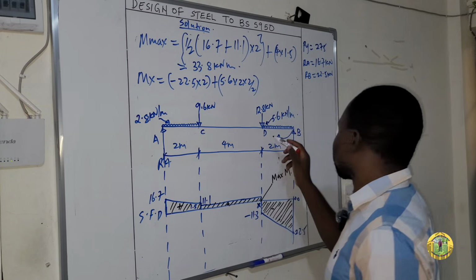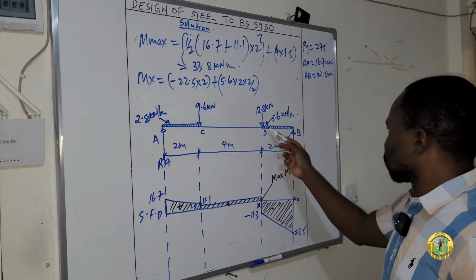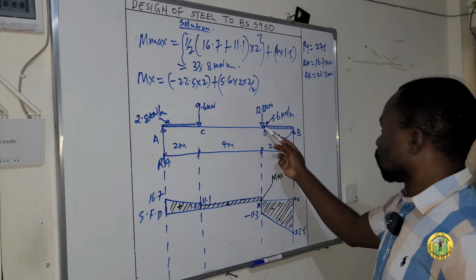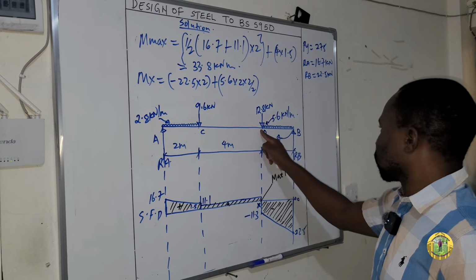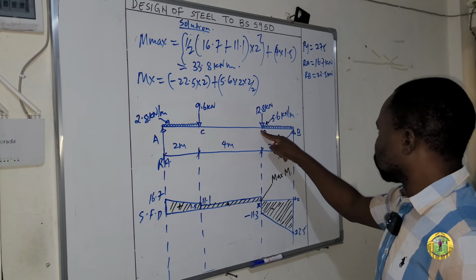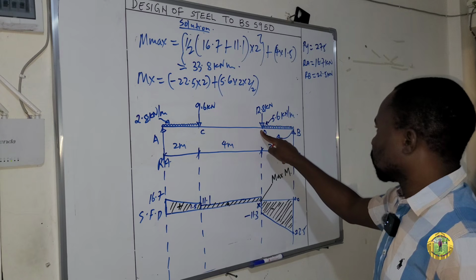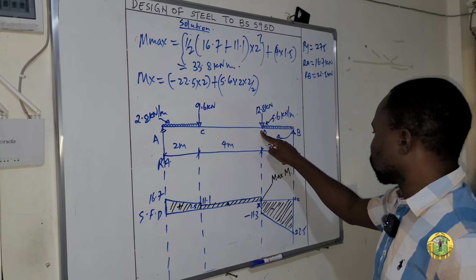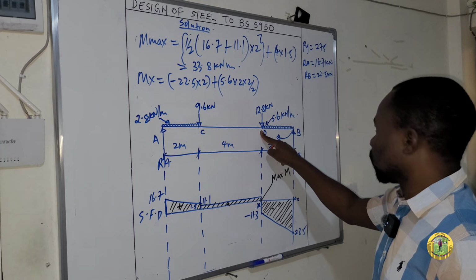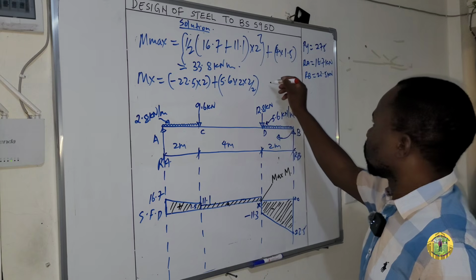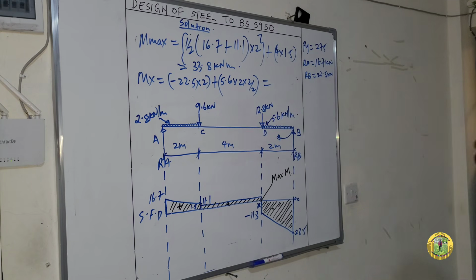Then we come to this one, 12.8 times 0, because the distance is 0. So it will be 0. So the answer will be, let's check the answer.